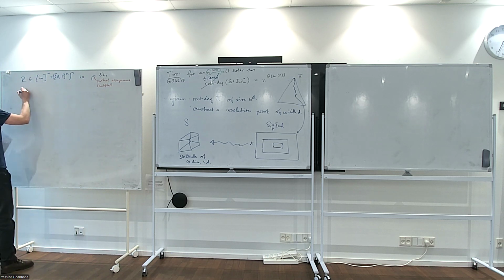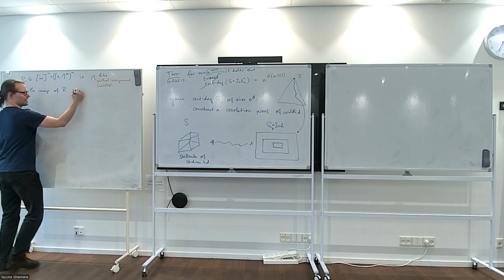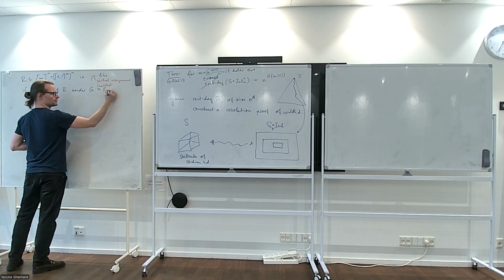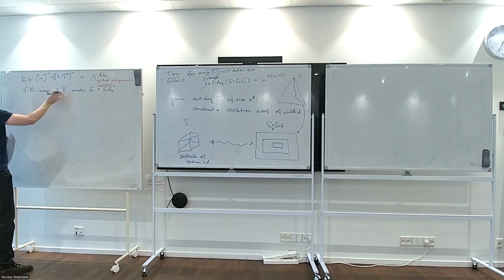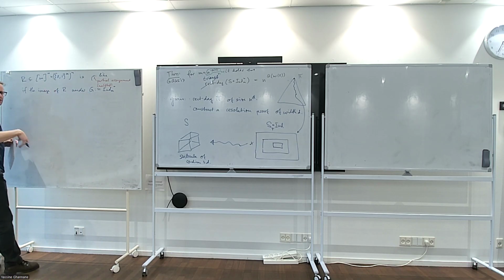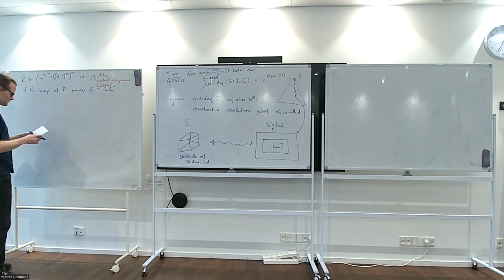So if the image of R under the gadget, so I'll just write G as this indexing M sub n, okay? So if you look at the image of R under G, if that corresponds to the conjunction that is satisfied by rho, okay? So what am I saying?